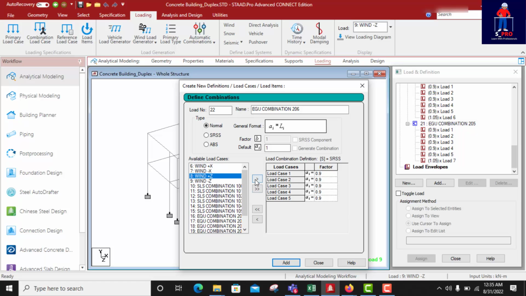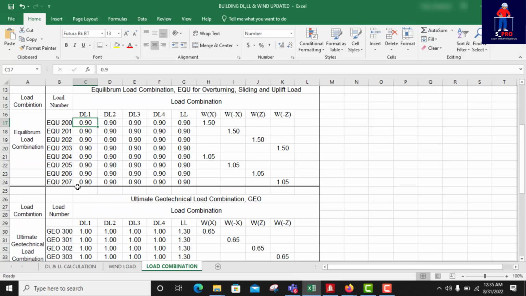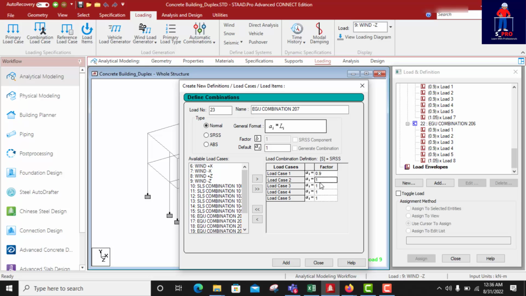It's positive Z 1.05. 27 should be the last one. Yeah. Minus Z 1.05.